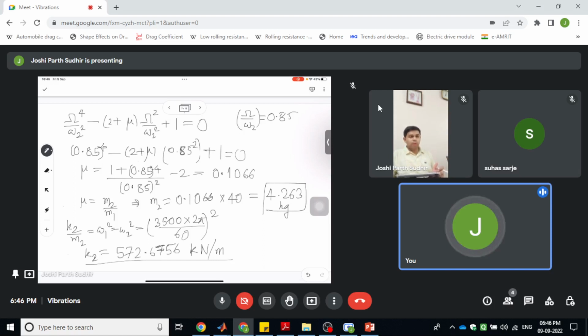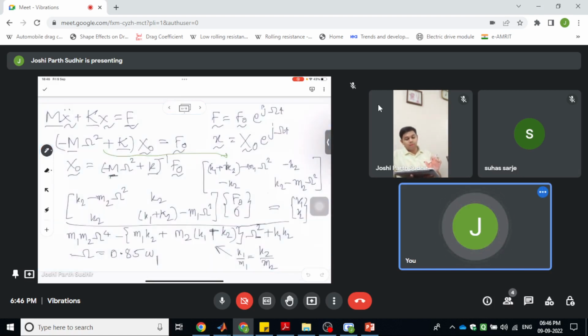So this is how we basically get the value of the mass of the absorber and the stiffness of the spring. What we have used is the characteristic equation of the 2 degree of freedom system and substituted the value of omega.